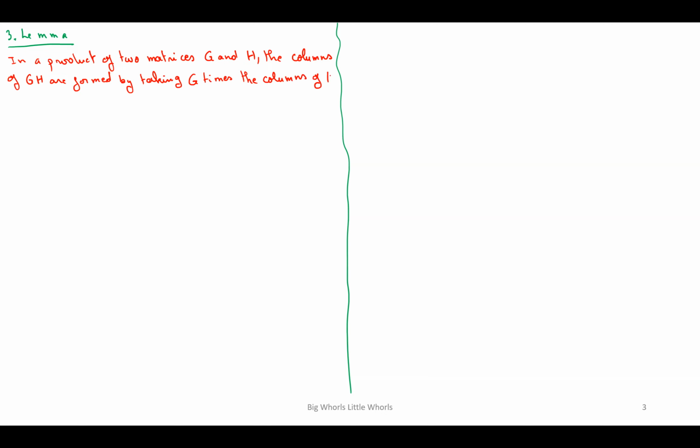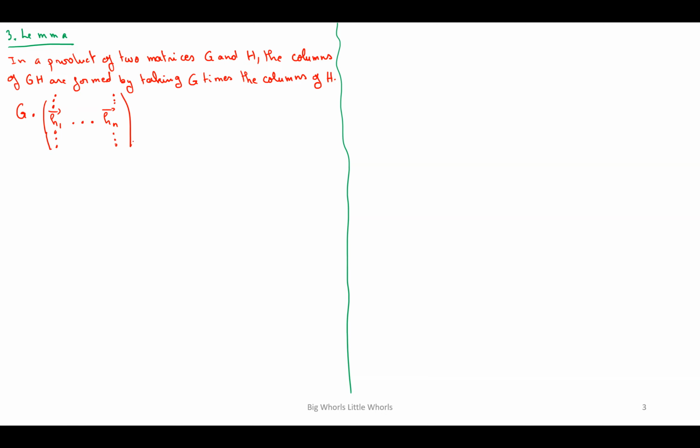So multiply from the left, they act on the rows. Okay, so basically we have H1 through HN.